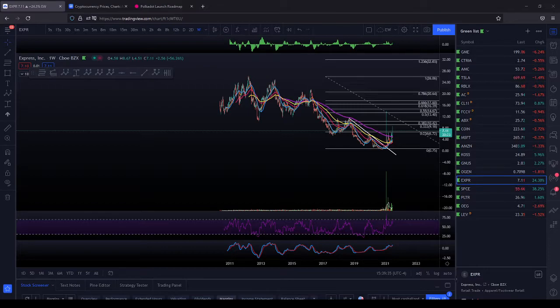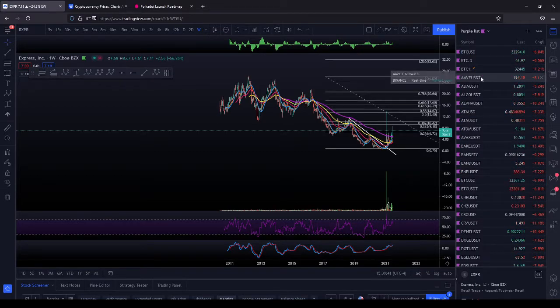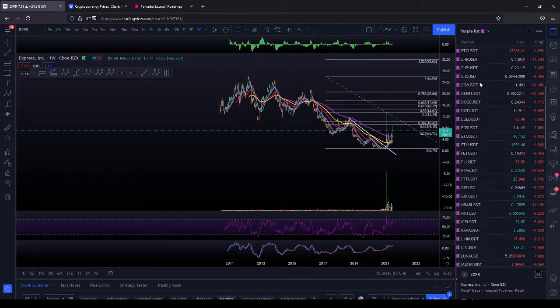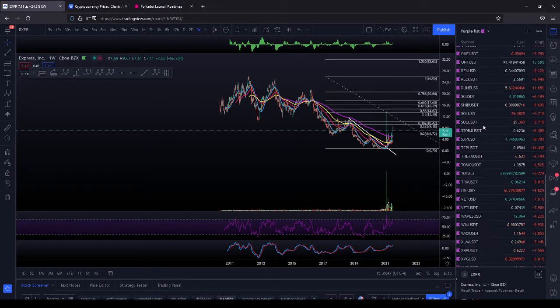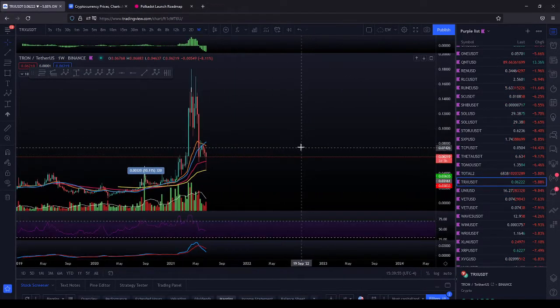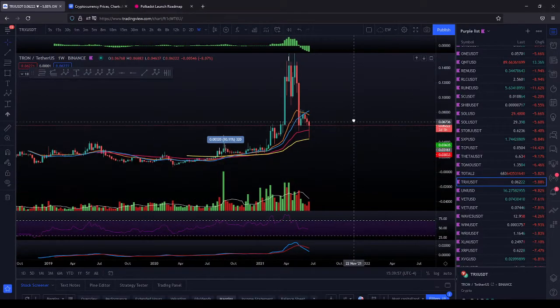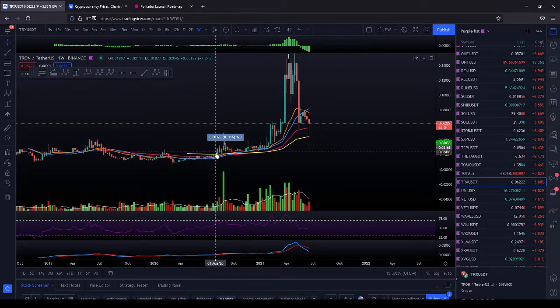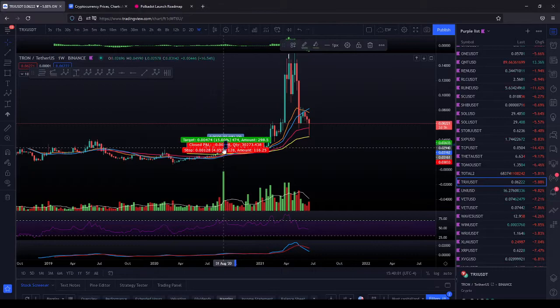You guys want me to do TRX? See if I'm seeing the same thing as you guys. Let's do TRX. I think I charted it down here.